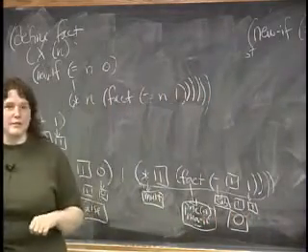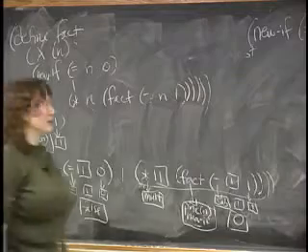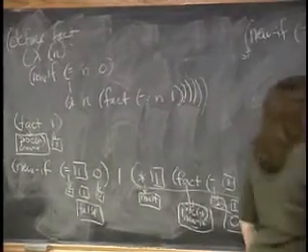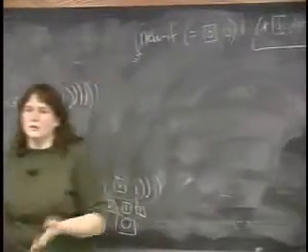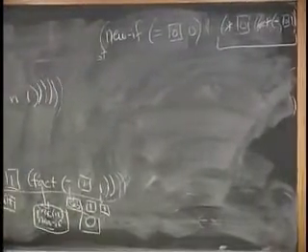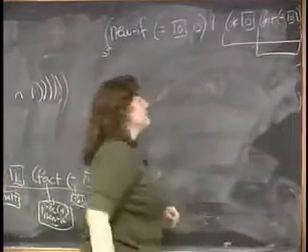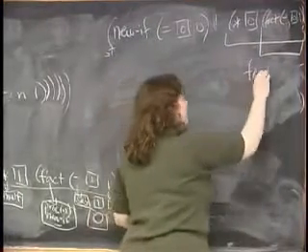Anybody see any problems we might be running into here? Yeah, you might have factorial of minus 1. Okay. We're going to evaluate this. We have to, because this new if is not a special form. When we go to evaluate this, we need to evaluate fact of -1.